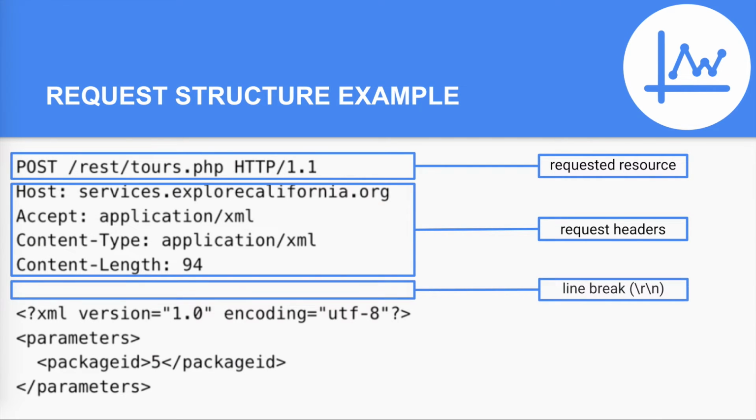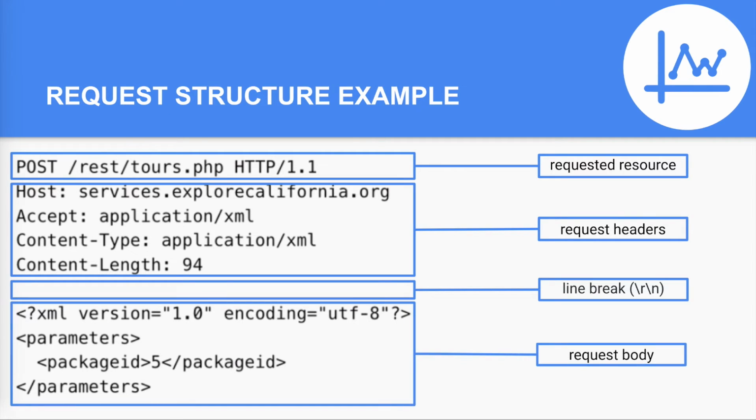After headers, a line break is inserted. The line break acts as service information for HTTP request parsers to recognize when HTTP headers end and the request body starts. Afterwards, there is a request body.